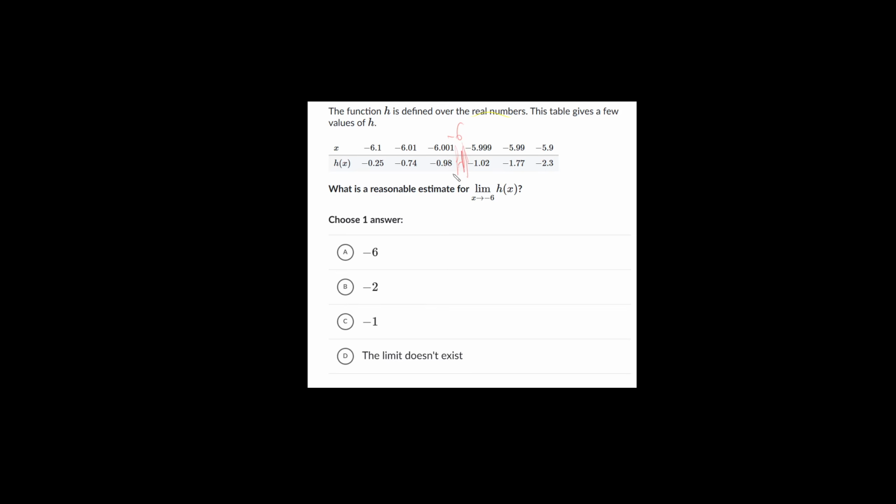It's decreasing, it's increasing, and then it's increasing again. So this placeholder would probably be -1. So our answer is -1. That is right.